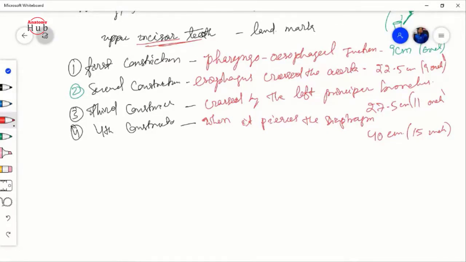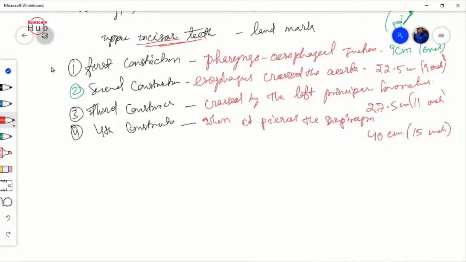If you go 9 inches down, then you'll find the arch of aorta, and here you'll find the second constriction. Then if from the incisor teeth you go 6 inches down, then you'll find the pharyngoesophageal junction, and there you'll find that constriction.